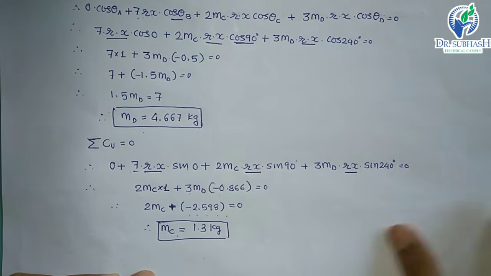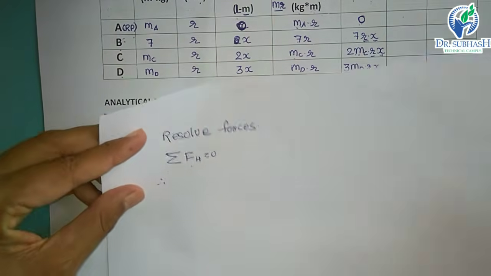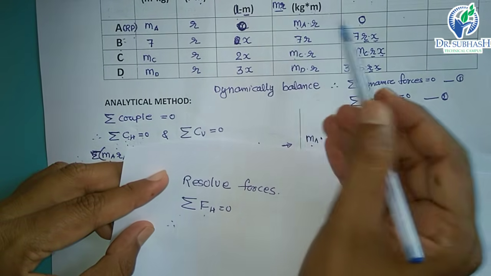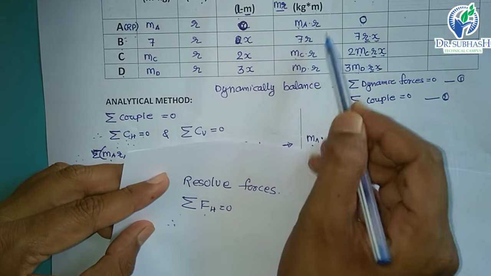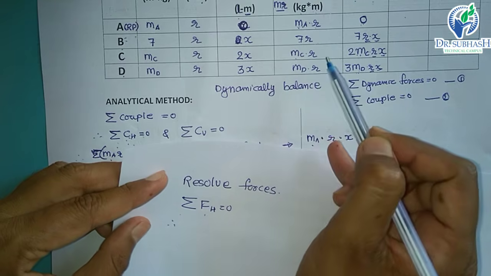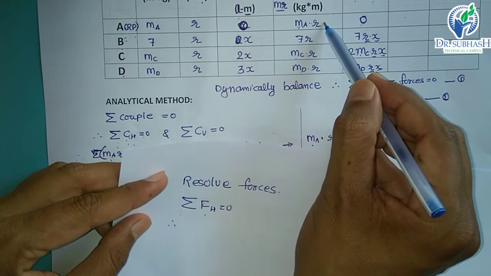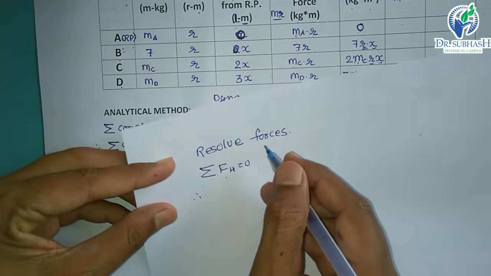Now this value we put here. So here this is the force column: MAR, 7R, MCR, MDR. This is the magnitude of force, and into it we consider cos theta.